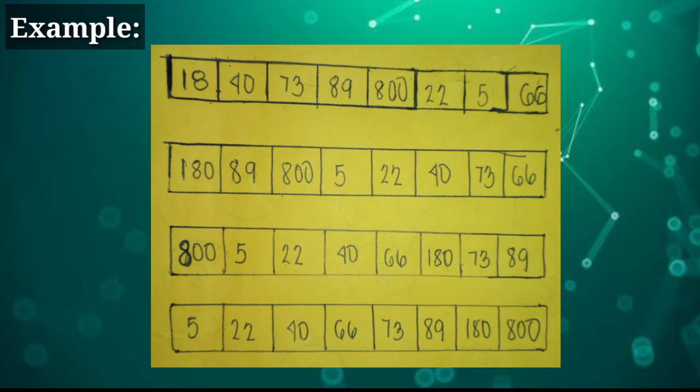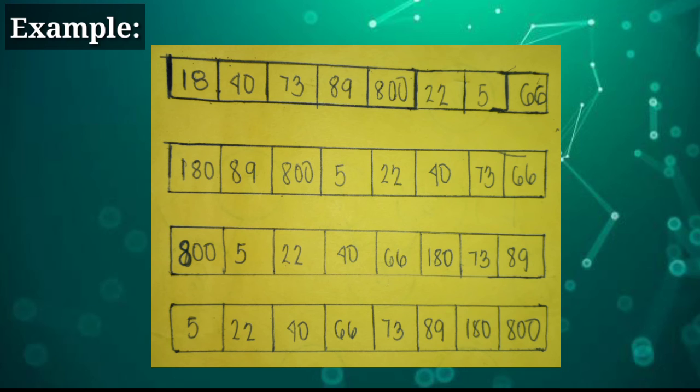So we observe that 180 has come before 89. This is because it appeared before in the original list. Now, consider the tens place, which is 8, 8, 0, 2, 4, 7, and 6. Now, consider the hundred place, which is 8 and 1.